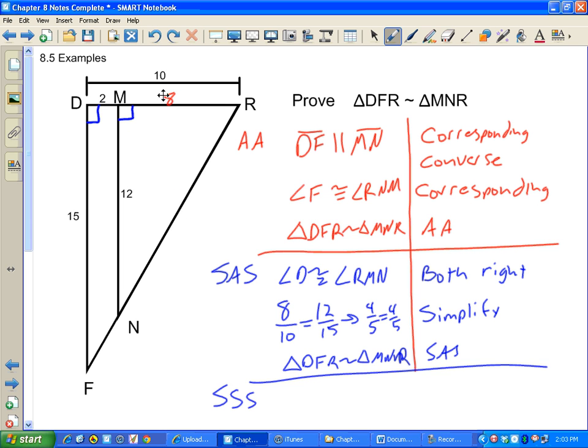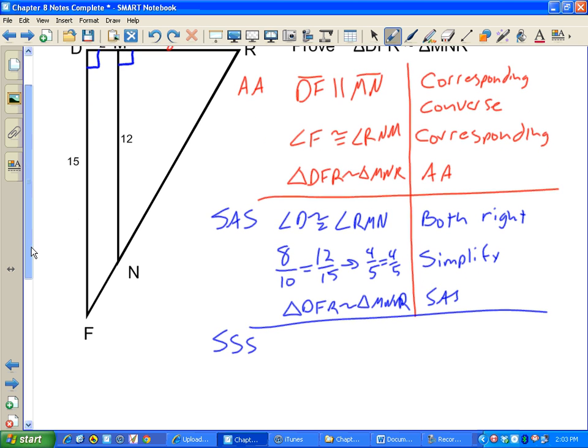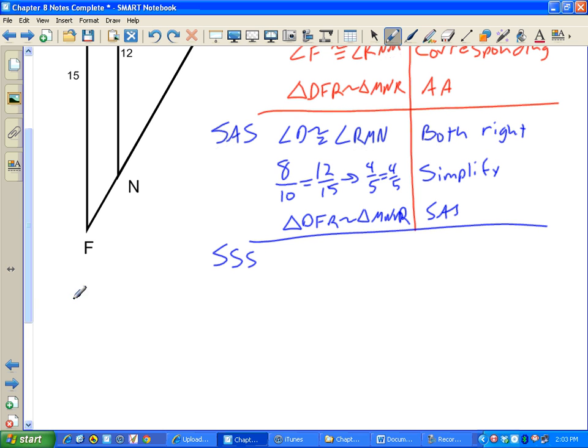Okay, let's do it by side, side, side. So in order to do by side, side, side, I'm going to need to know what these third sides are. In order to do that, I've got a right triangle. I can use my Pythagorean theorem. So I've got 8 and 12 for my A and B. So 8 squared plus 12 squared equals C squared. 64 plus 144 is C squared. So 208 equals C squared.